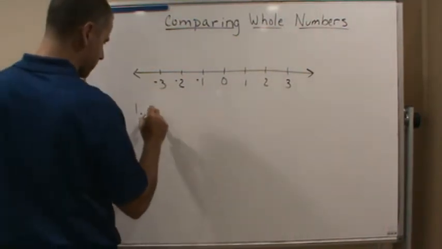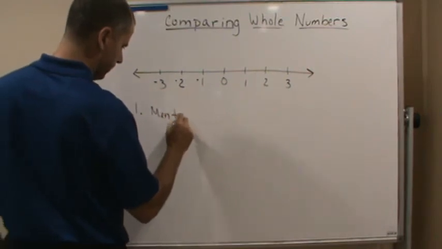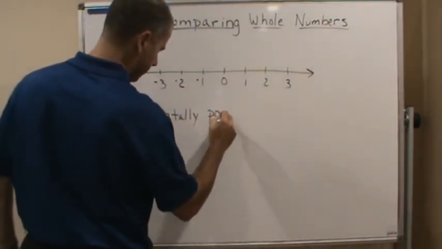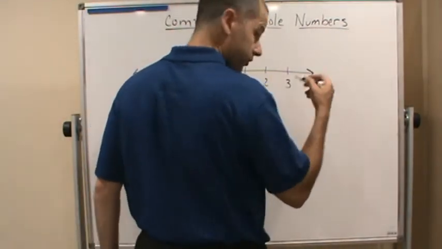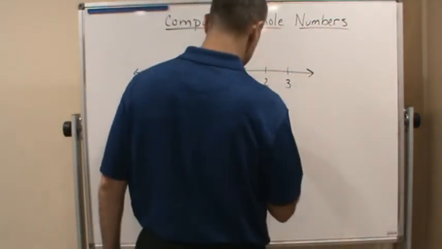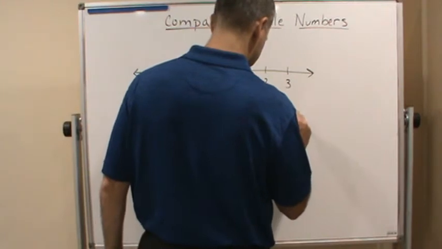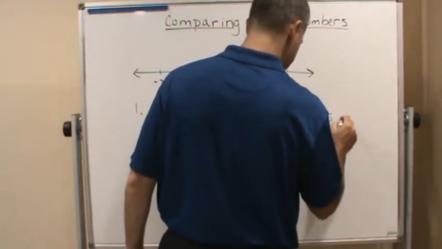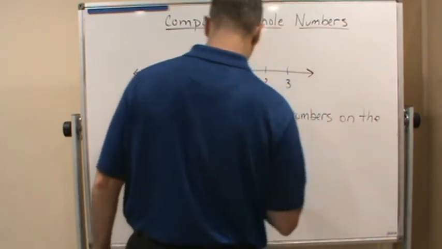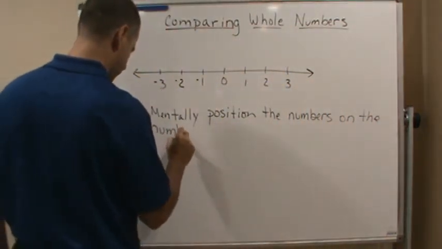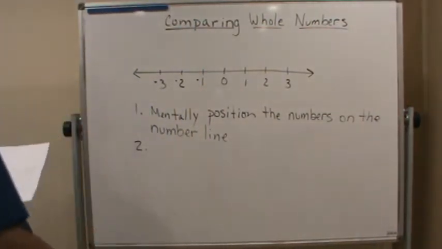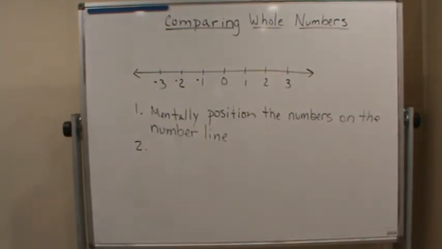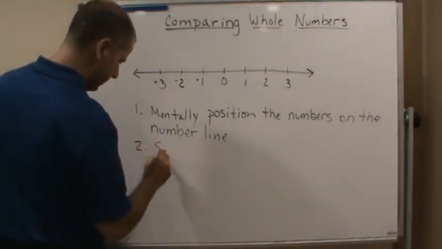Step one, you mentally position the two numbers that you're trying to compare on the number line. Then step two, you select the number that's farthest to the left.